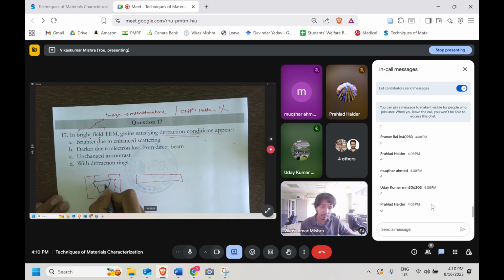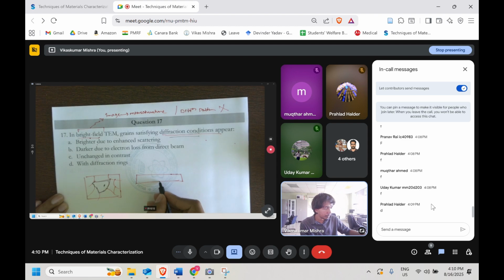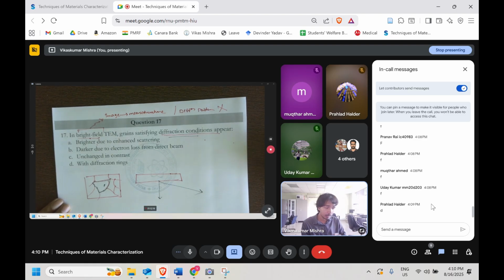Since it satisfies it, this grain is going to diffract instead of going straight forward with the direct beam, it will diffract somewhere else. So in the bright field, you will see it darker.